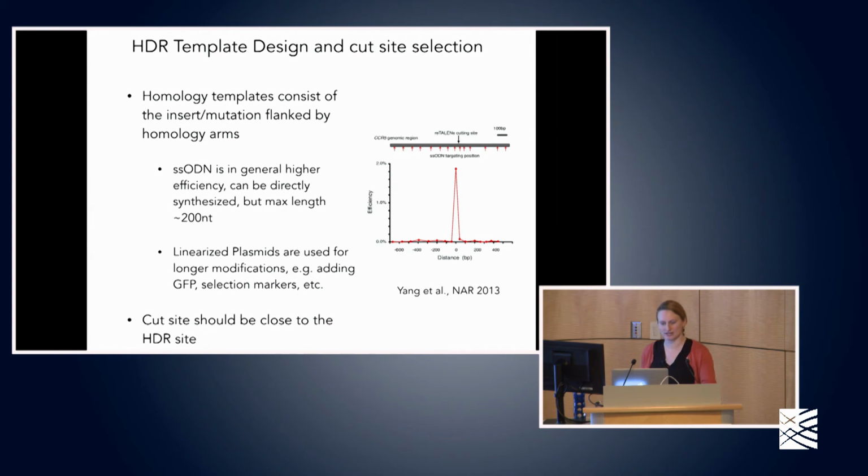Again, you need to have an HDR template in order to do homologous recombination. These homology templates will consist of your insertion or your mutation flanked by homology arms. They can either be single-stranded oligonucleotides, for example, purchased through IDT, or you can use plasmids that are linearized.